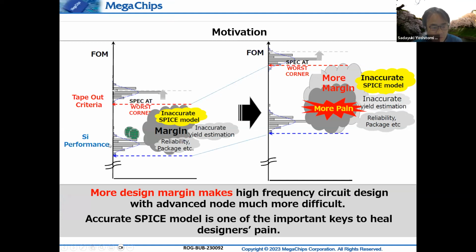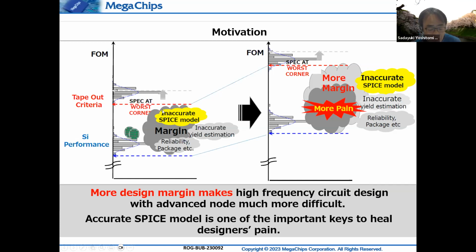And this silicon performance is the real performance in the production phase. Between this blue line and red line, we call it the design margin. And this is a designer's pain, honestly speaking.